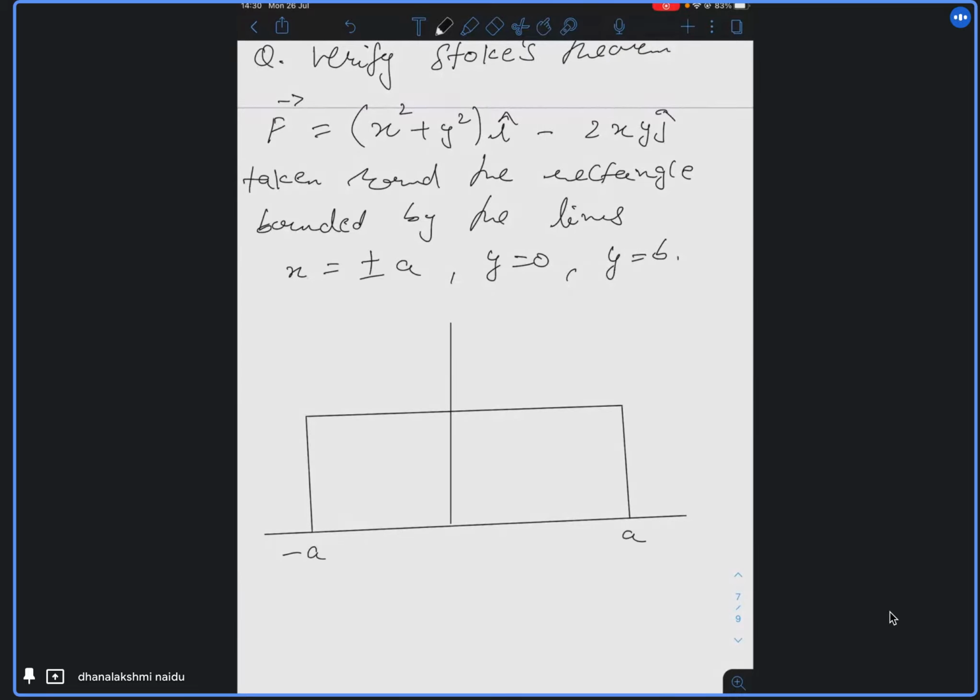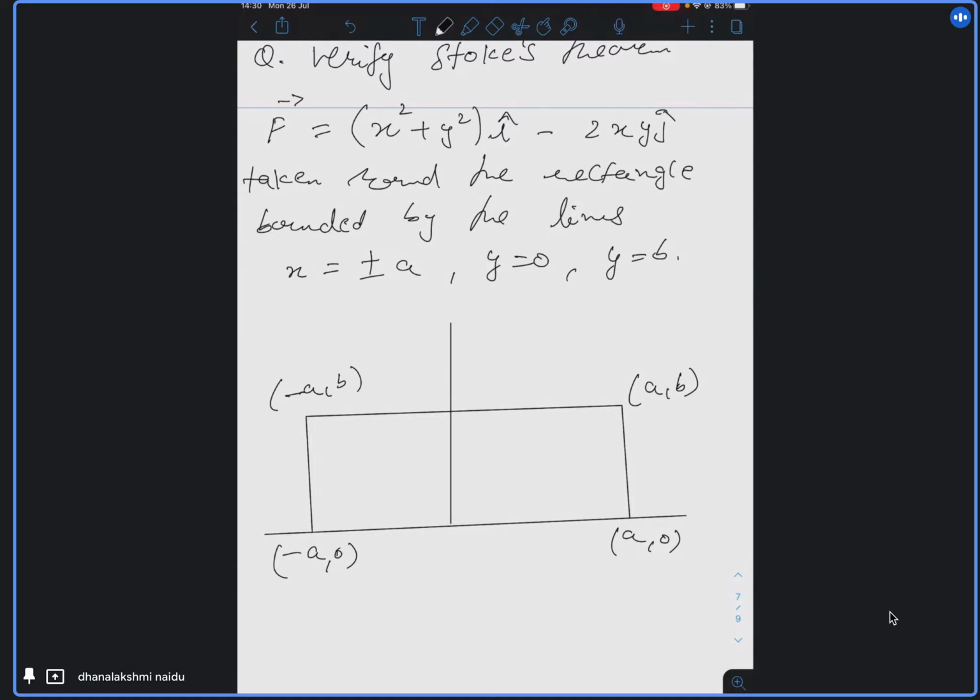So this point is a comma 0. This point is minus a comma 0. Now here what is written, y is equal to b. So this point will be a comma b, and this point will be minus a comma b.